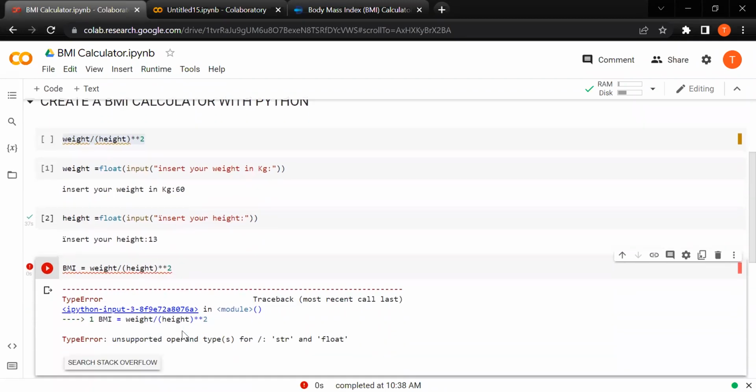oh, it gives an error. Type error, string float. Let me see. Okay, wait, height and the float. So let's bring everything together into a line and get our prompt. We now know how to define a variable. We have defined weight, and we defined our height, and now we want to calculate this.